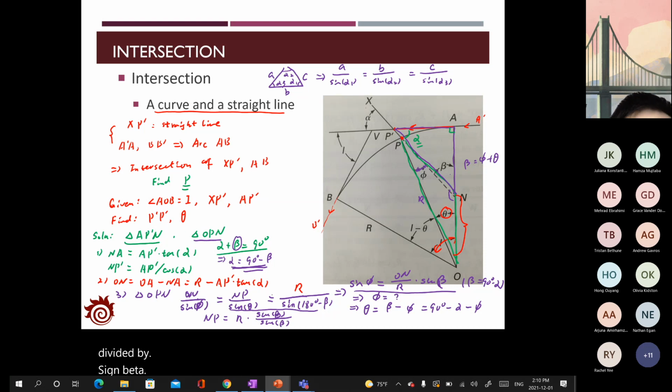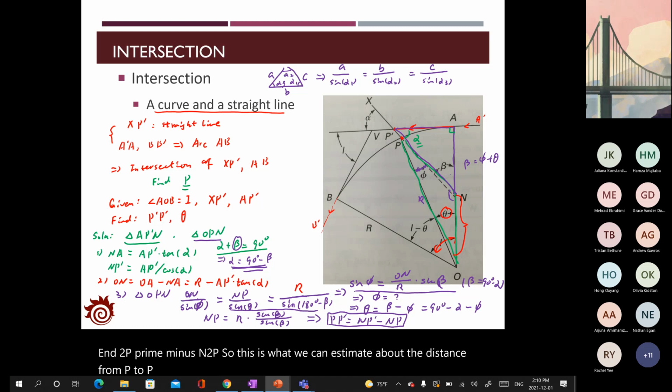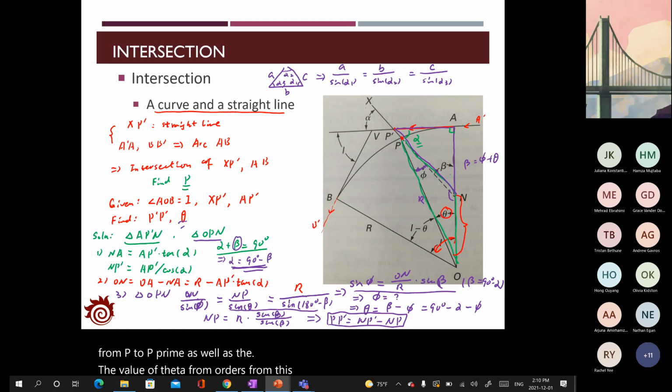Once you know the value of N to P, you can find the distance from P to P prime, which is just N to P prime minus N to P. So this is what we can estimate about the distance from P to P prime, as well as the value of theta from this derivation.